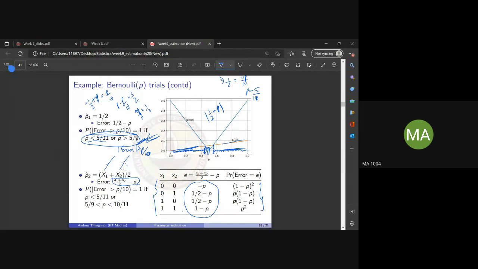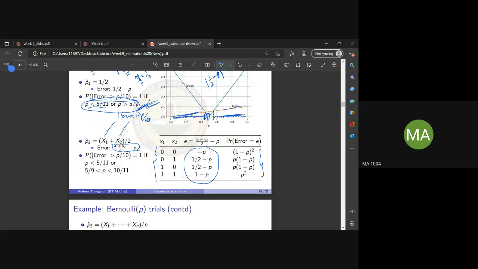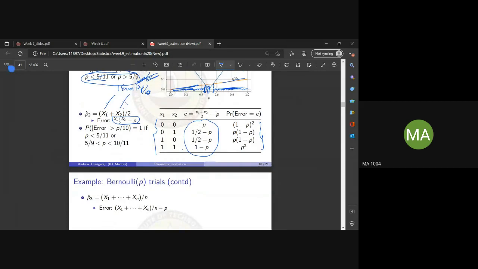Same thing we have done for the second case. Even in the second case, when you try to plot the graph, you have the error minus p, 1 by 2 minus p, mod of 1 by 2 minus p, and 1 minus p, and the respective errors.